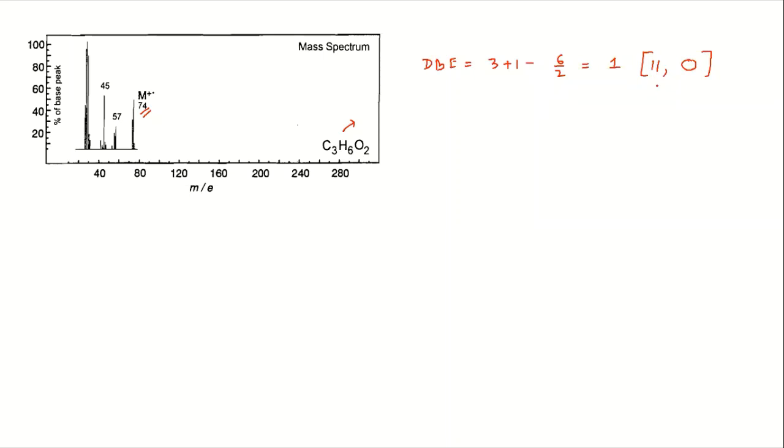The mass spectrum is telling this information at the very beginning, and your IR is telling the molecule is having unsaturation. I mean, the C double bond O stretching is there.